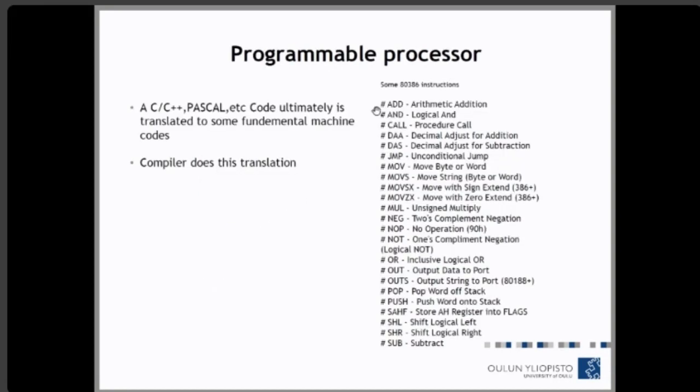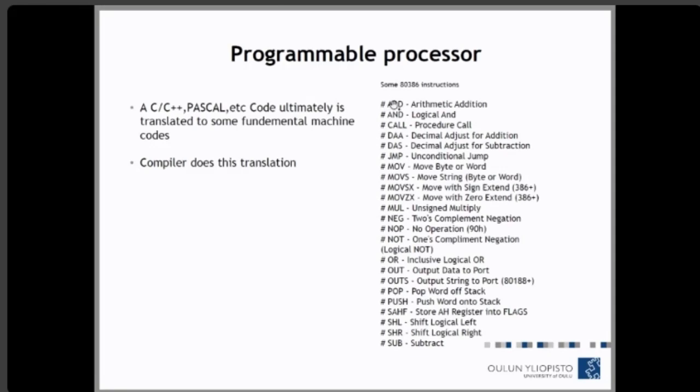So the instruction set of a processor looks something like this list. This is for an Intel processor. It gives you some instructions, though these are not actually text, these are binary code.